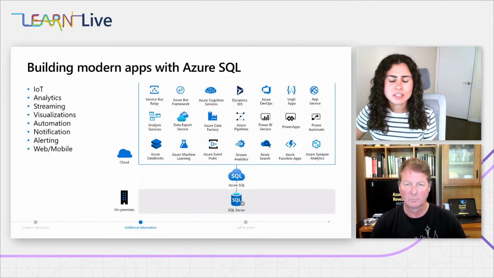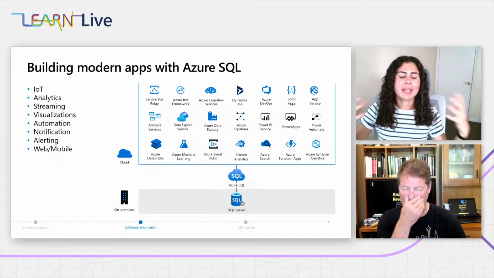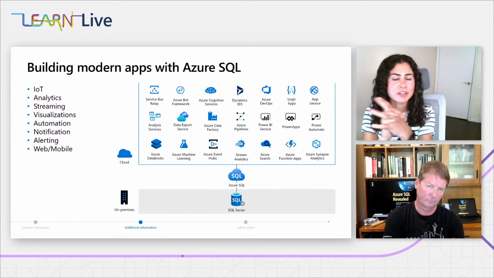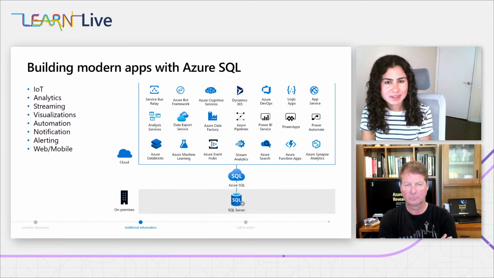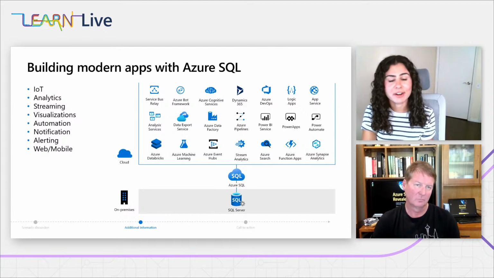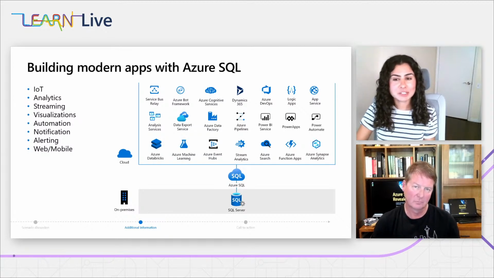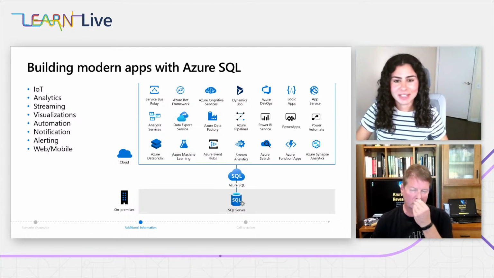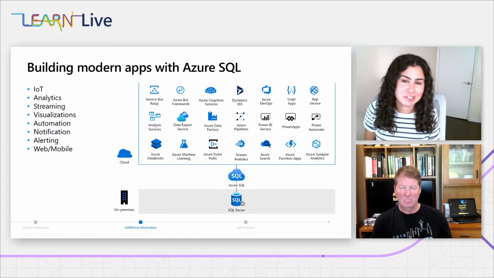We wanted to talk a little bit about, okay, now I've learned how to translate my skills from SQL Server to Azure SQL. You even got a bonus tip from Bob on how to migrate potentially to managed instance with LRS. But we want to let you know that, once you move to the cloud, it's not just SQL Server in the cloud, but everything else that Azure has to offer.